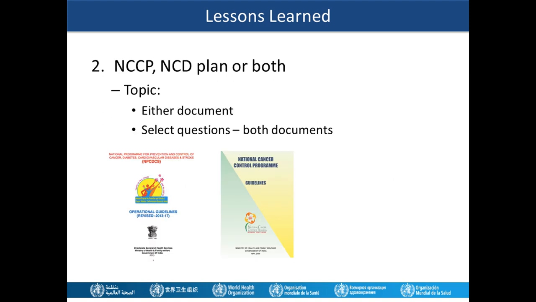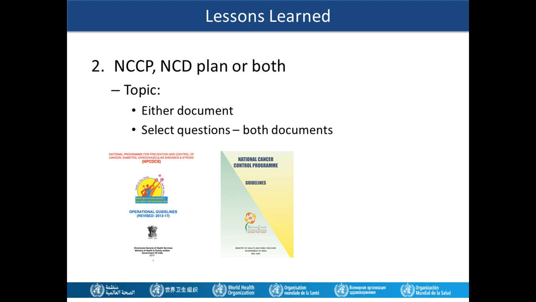Another question that came up very early in the process is, are we talking about National Cancer Control Plans? Are we talking about NCD plans? Are we talking about both? What we decided is that it would be unfair to penalize a country for not having a cancer control plan if their NCD plan was quite comprehensive.